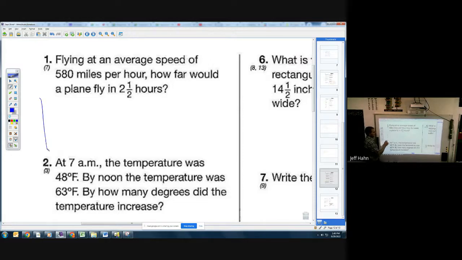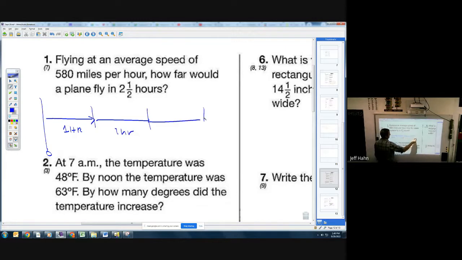No. So let's say here is the starting point, 0 miles. How many hours did you fly for? 2.5. Here's 1 hour. Here's another hour. And then the next time you only went for a half an hour. How many miles are you flying per hour?